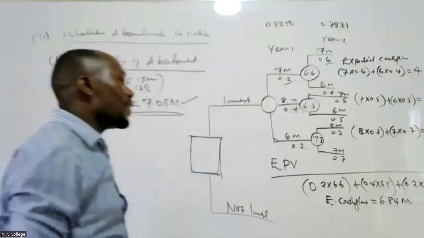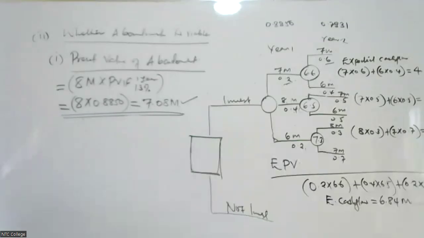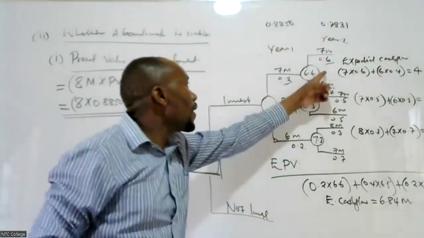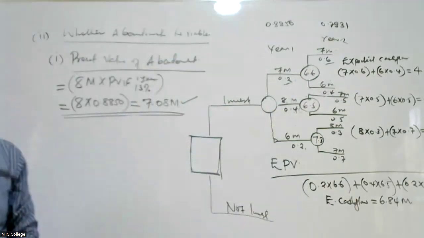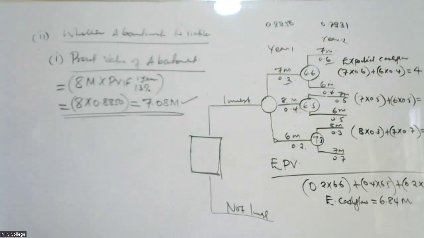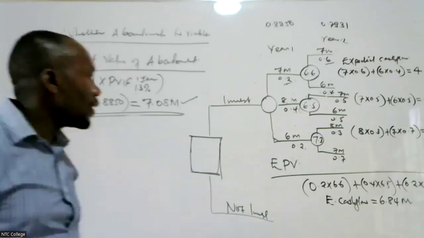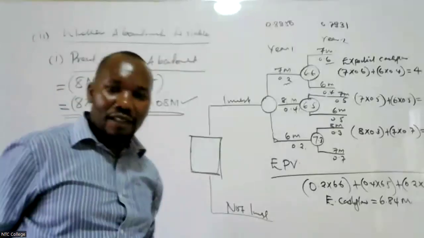Can somebody confirm that is true? Before even we discount it, those are just expected cash flow, which we had. They depend on these two probabilities for each, and that is what is coming. Can somebody confirm that it's true? I'm getting 5.38. Don't discount past.